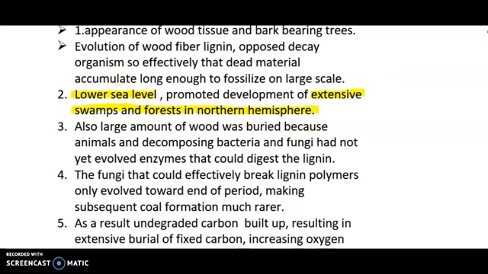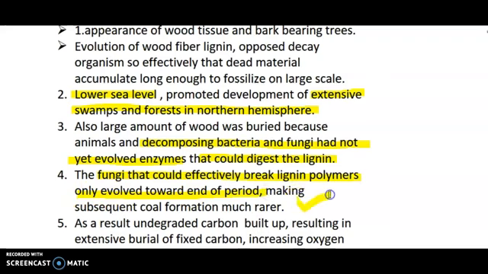Also, during that time, the decomposing bacteria had not evolved. So they didn't have enzymes, and that's why the wood was not able to decay. So this could be a major cause. Fungi that could effectively break down lignin polymers only evolved toward the end of the period.